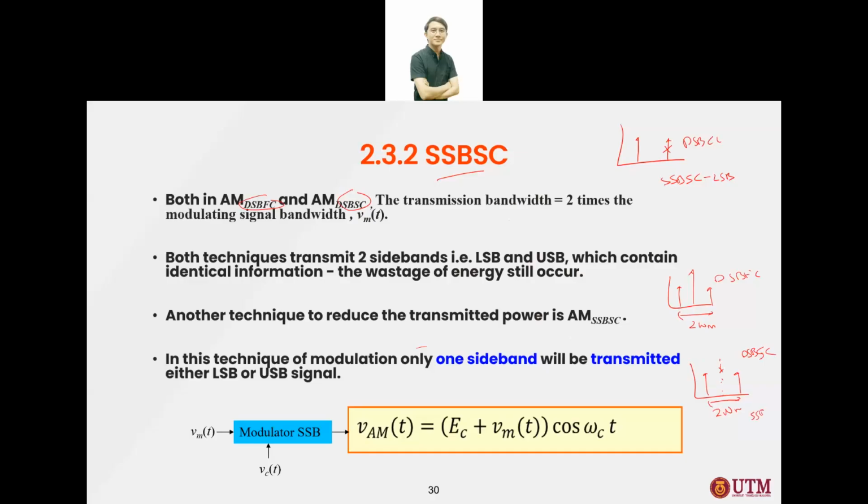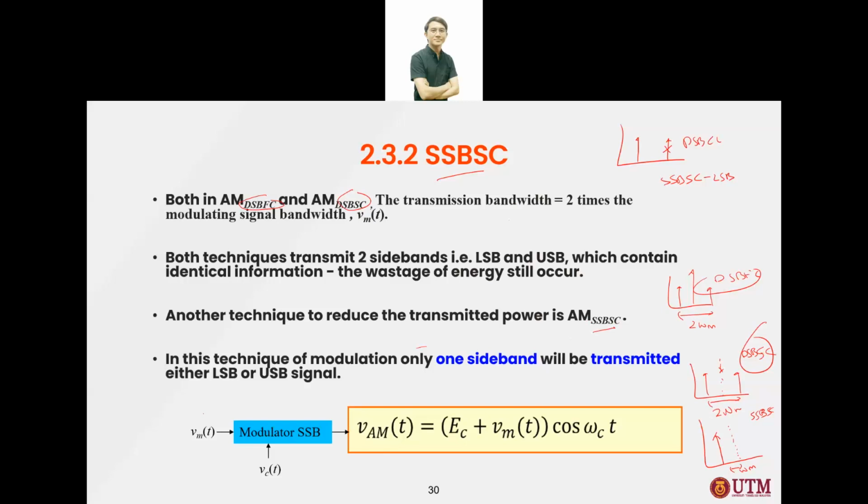In single sideband suppressed carrier, we only have half of the bandwidth. Let's say we have single sideband suppressed carrier at lower sideband, so our bandwidth is only this omega m, half of these two. That's why AM single sideband suppressed carrier is an even better version to reduce the power.